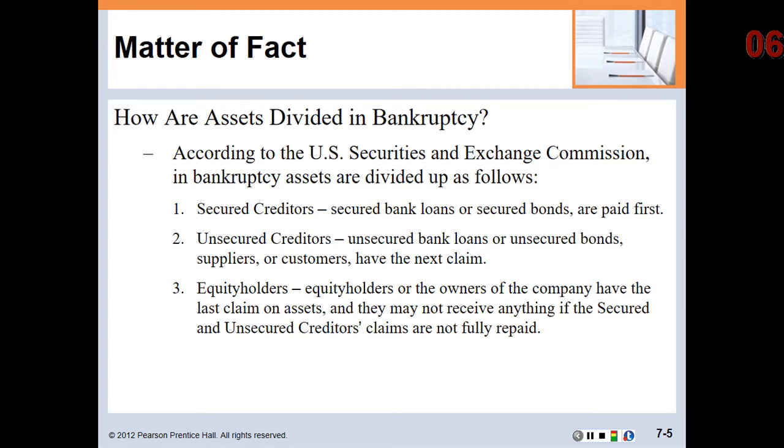It talks here about how you pay secured creditors first, and then unsecured creditors, and finally at the very, very end, you've got common stockholders. And I can tell you, there's not going to be anything there for stockholders. So in a bankruptcy situation, in a liquidation situation, stockholders are going to lose everything they've invested in the company.